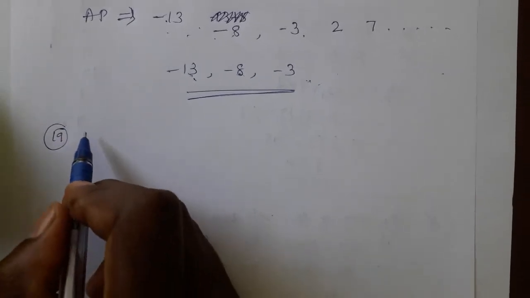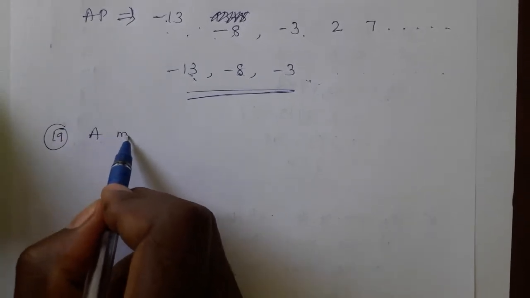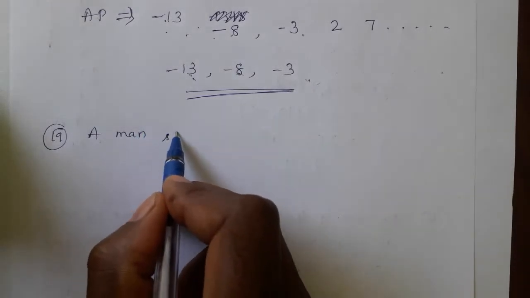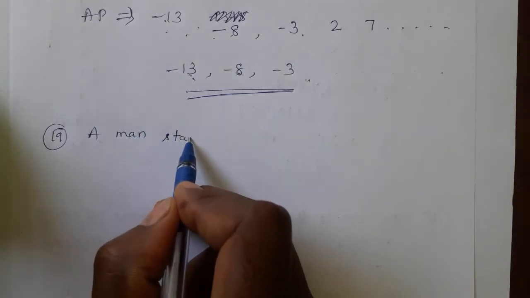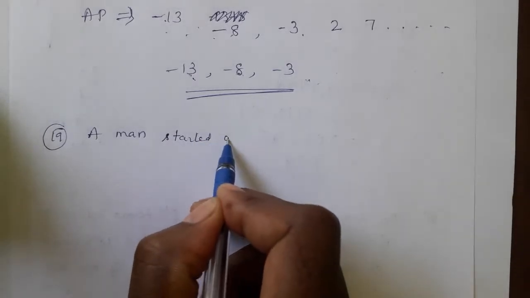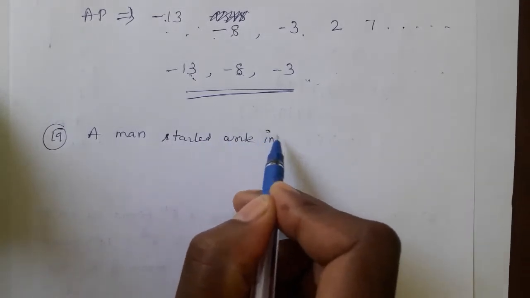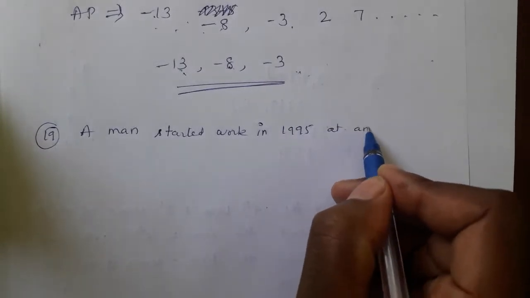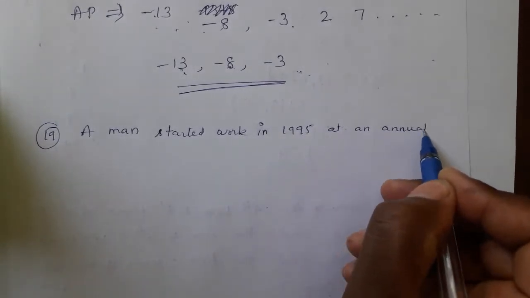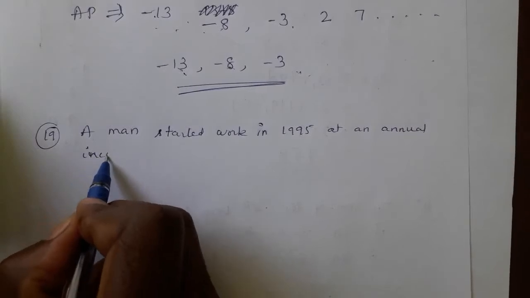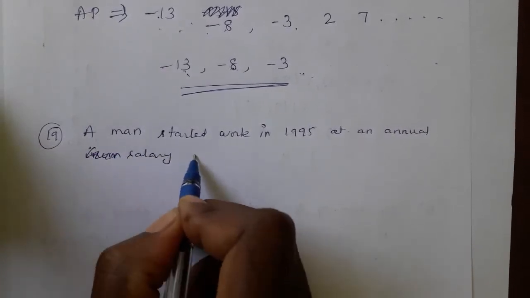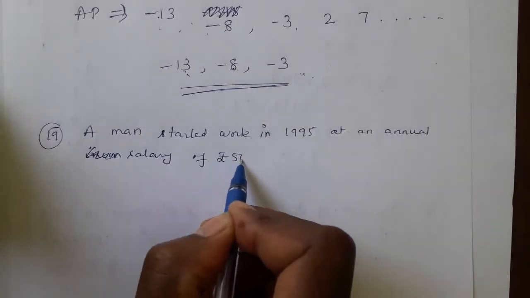19th question. It is an application question. A man started work in 1995 at an annual income or annual salary of rupees 5,000.